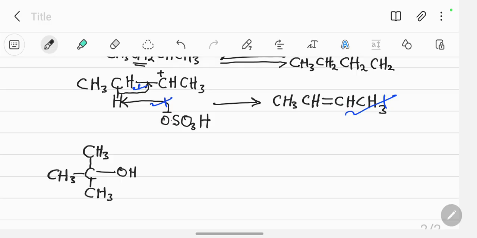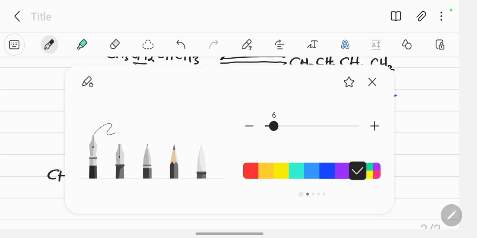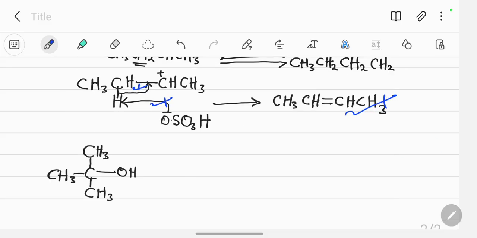So that one is a tertiary alcohol. Why do we call it tertiary? It has 3 alkyl groups attached to the central carbon atom, the carbon atom that has the functional group.